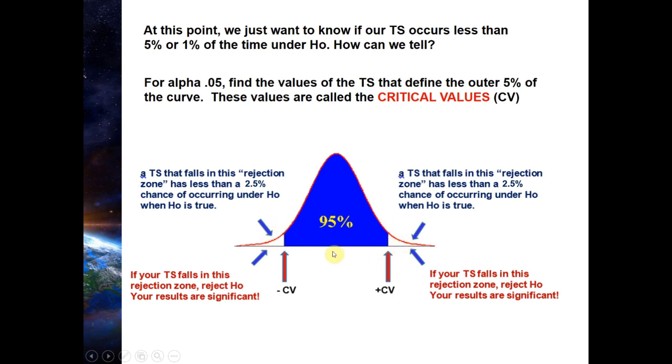And as it turns out, it's 1.96. We didn't even need a table for that. So minus 1.96 would be the negative critical value, and plus 1.96 would be the positive critical value.